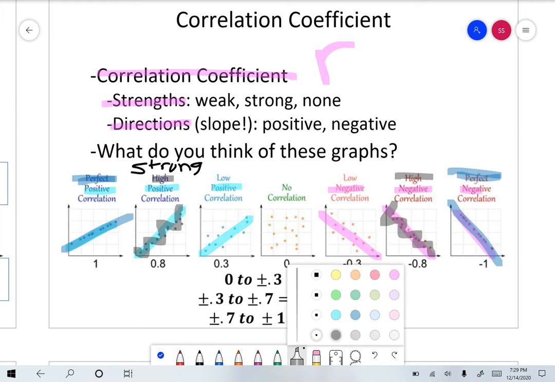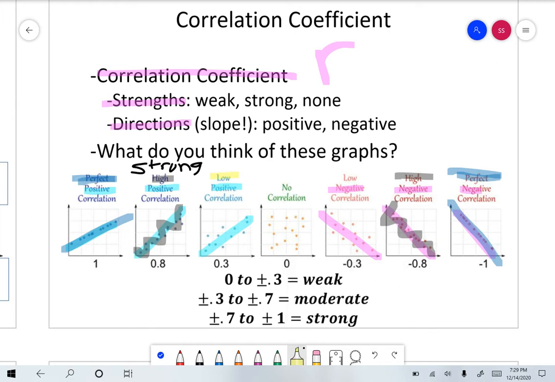We also have what we would call a weak relationship. Let's use yellow. Here they call it low, but it's talking about weak. A low correlation, positive or negative, would mean there is definitely a pattern, but it's even more spread out than a moderate relationship or a very strong relationship. It's a lot more spread out.